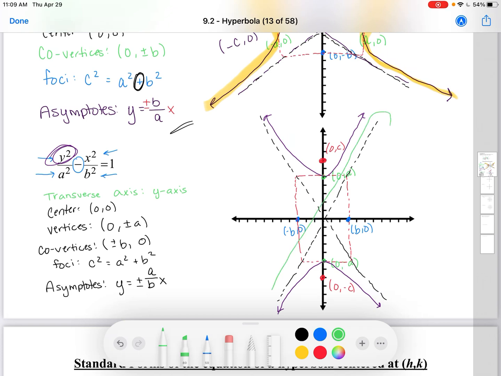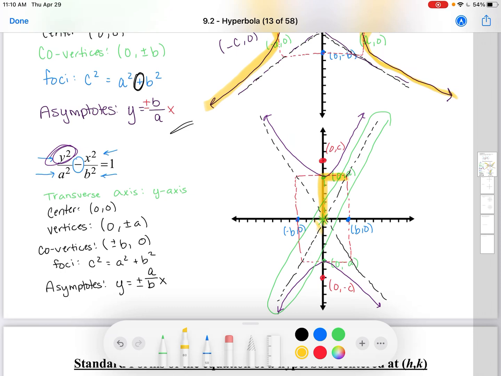If I were to find the slope of this line here, starting at 0, 0, I would do my rise over run. Let's use a different color here. I'd do my rise over run to find the slope. And if I did that, it would pair with my a value going up and then my b value moving to the right. So that's an easier way, in my opinion, to figure out your asymptotes if you were asked for them.